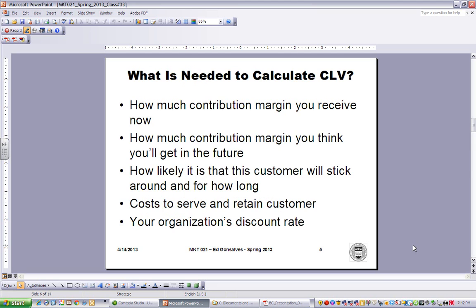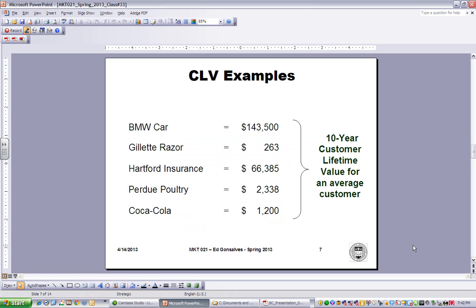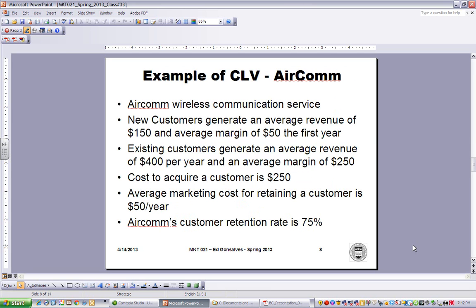Actually, is it revenue or margin? Average revenue. Okay. Margin of 50. So for that first year, they're generating $50 in contribution margin. And existing customers generate an average of $400 per year, with an average margin of $250. So going out every successive year, they make $250 in terms of margin.